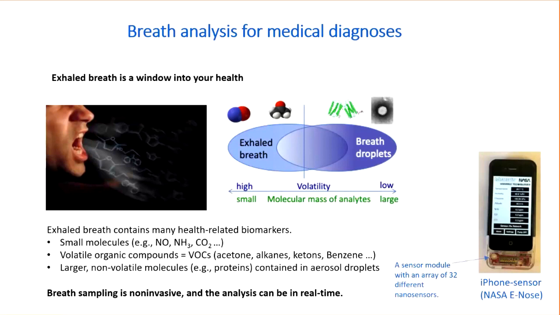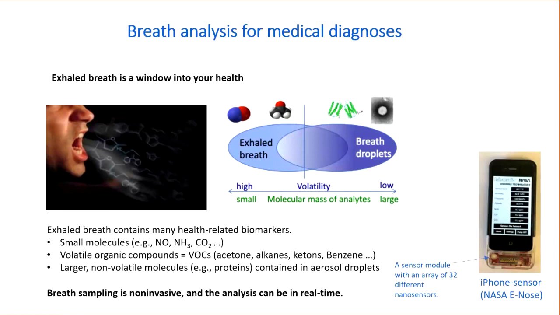Then the volatile organic compounds, or VOCs, like acetone, alkane, ketones, and benzene, can also be biomarkers to correlate with different diseases. And the larger, non-volatile molecules like proteins can be contained in aerosol droplets. Here, with the nanosensor array, we focus on the volatiles, which means the sensor array detects the small molecules and the volatile organic compounds.